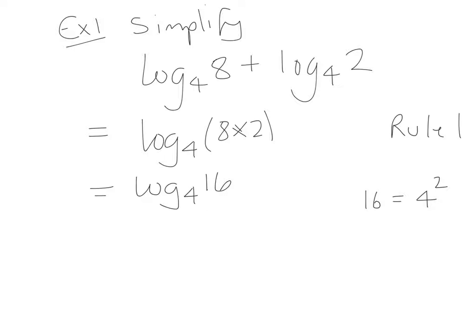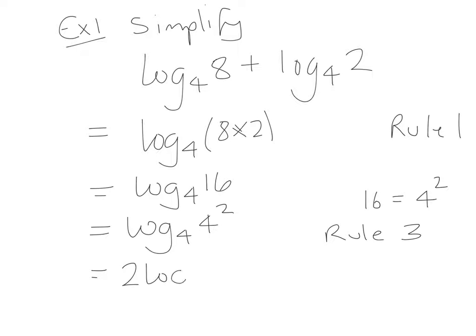So the square root of 16 is 4, so therefore 4 squared. So if we rewrite that as log to the base 4 of 4 squared, then hopefully you can see that we can now use that rule number 3 to bring the power 2 to the front. So we would have 2 log to the base 4 of 4.